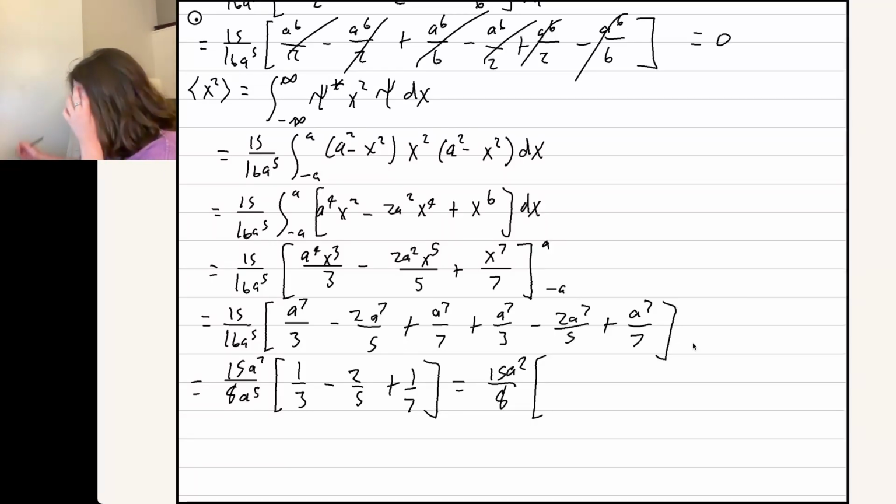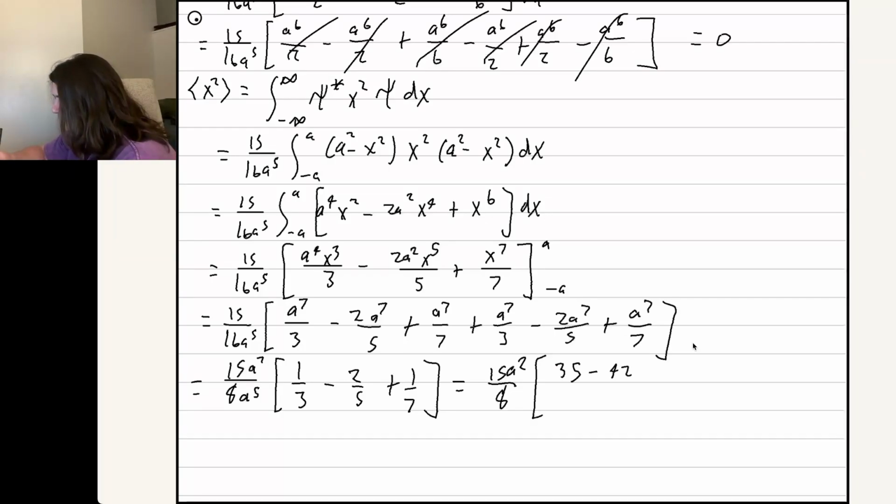So common factor, just multiply everything by the other denominators. So it's looking like 35 minus 2 times 21 is 42, plus 1 times 15, so 15, over, what is 3 times 5 times 7? I wonder.